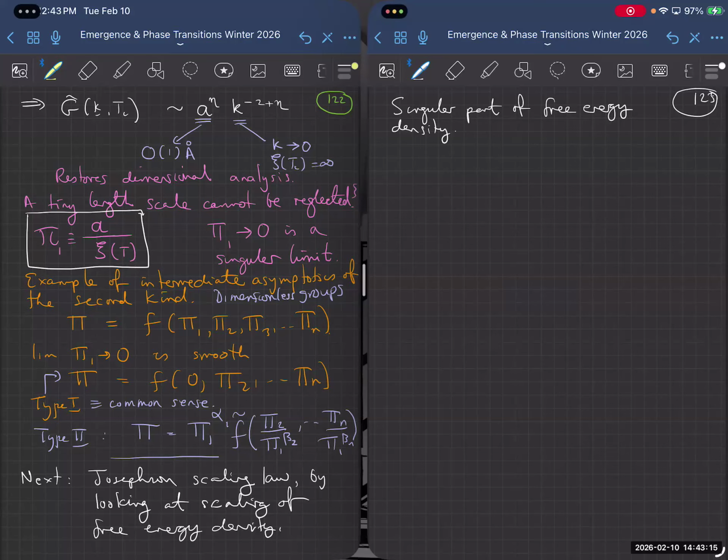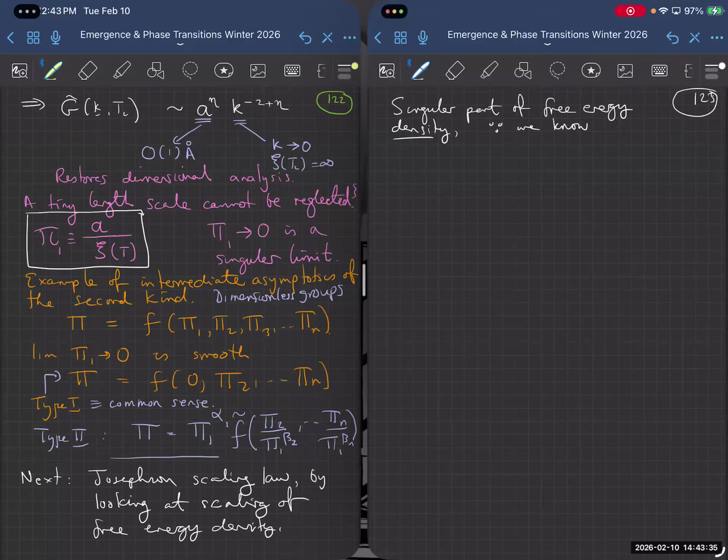The reason is because we know that we take the thermodynamic limit. We take the thermodynamic limit that takes the volume or the system size to infinity. We want that limit to be well defined. So we talk about the density because we know we need to take the thermodynamic limit.